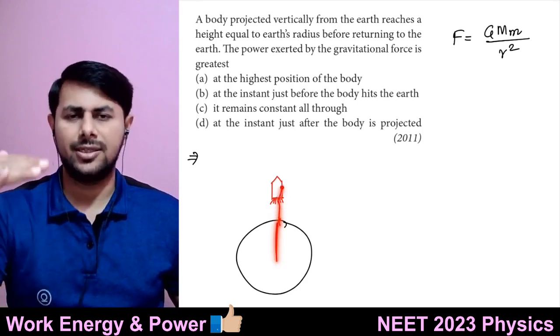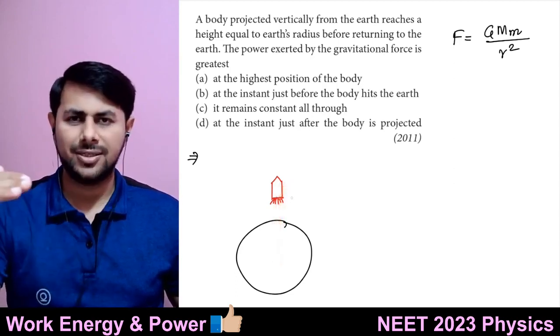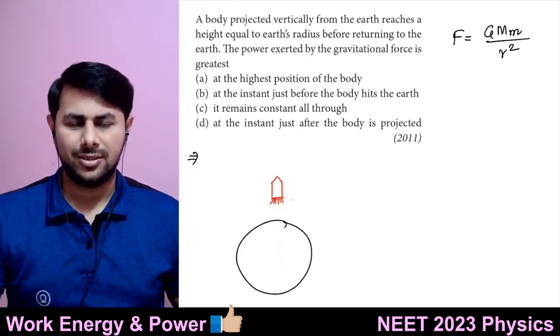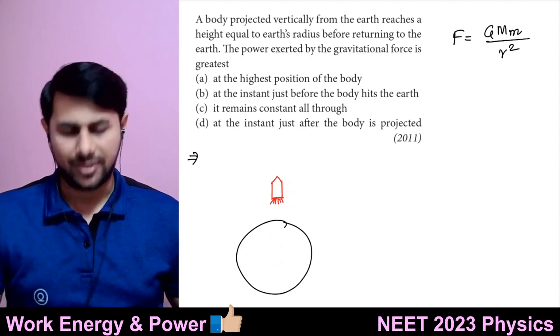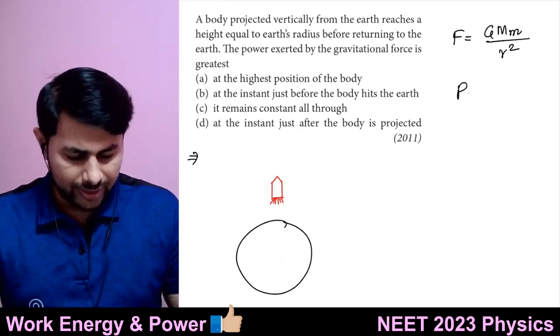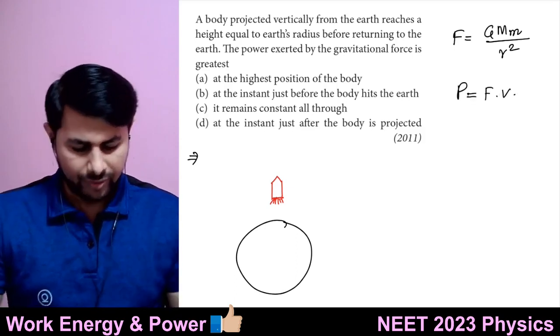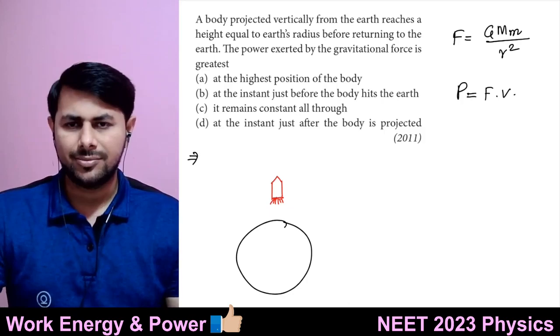As distance increases, the velocity decreases and force also decreases because it stops at some height. The power is force multiplied by velocity. When will it be maximum?